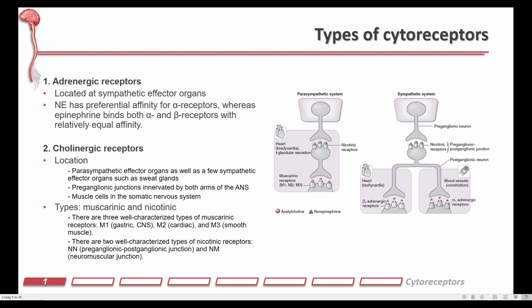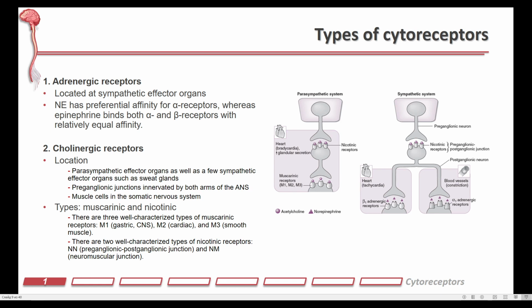So that's for postganglionic. And you remember that all preganglionic neurons have acetylcholine as a neurotransmitter. And from excitable tissues, I hope you remember that for muscle cells of the somatic nervous system, in the neuromuscular junction, the neurotransmitter is also acetylcholine.